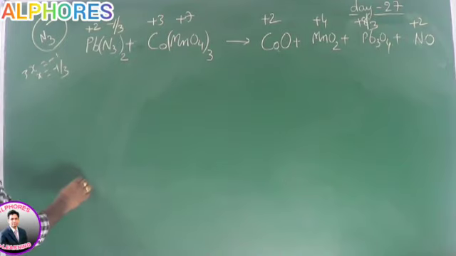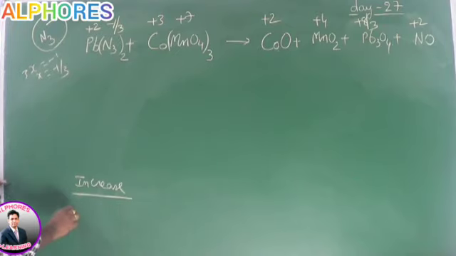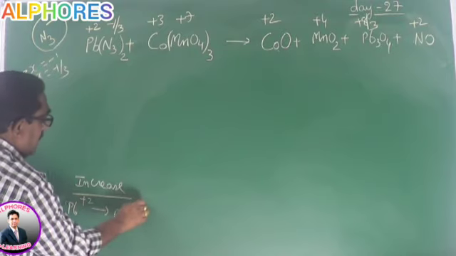Now increase and decrease, please concentrate. For which species is the oxidation state increasing? For lead and nitrogen. For lead here it is +2, and it becomes +8/3.